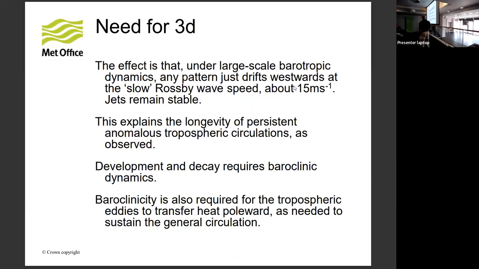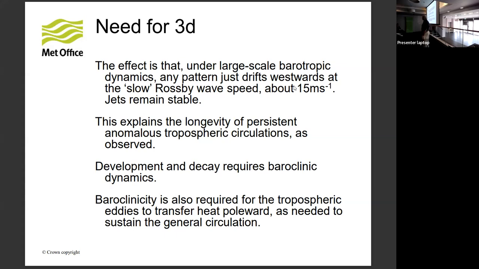Now, the other thing about baroclinic dynamics is that the whole point of having these eddies is to transfer heat from the equator to the pole. It's how the circulation works. You have a direct Hadley circulation, with the subtropical jet about 30 degrees away from the equator. Then, because rotation becomes important, that sort of circulation can't operate, and you have what's called baroclinic energy transfer.